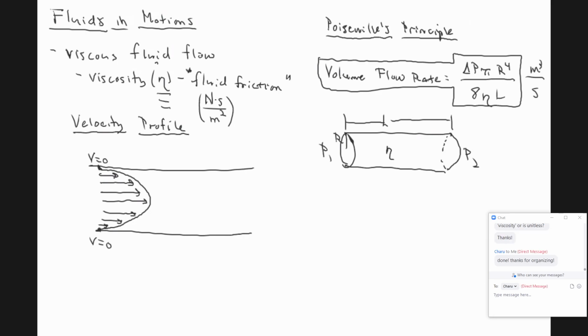In order to know that, we need to know this number called Reynolds number.